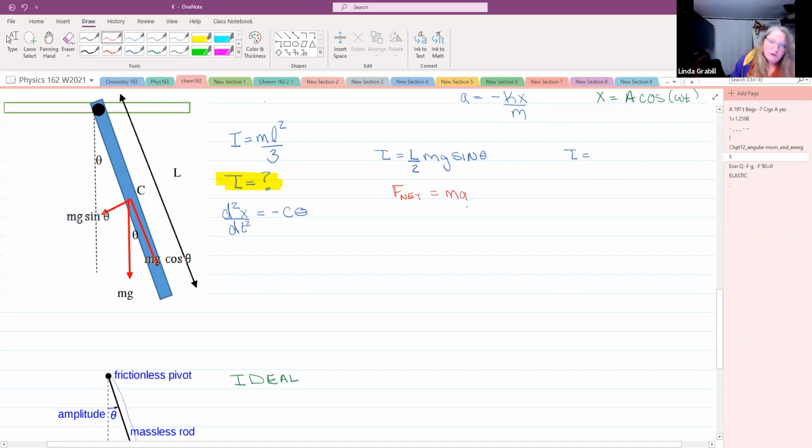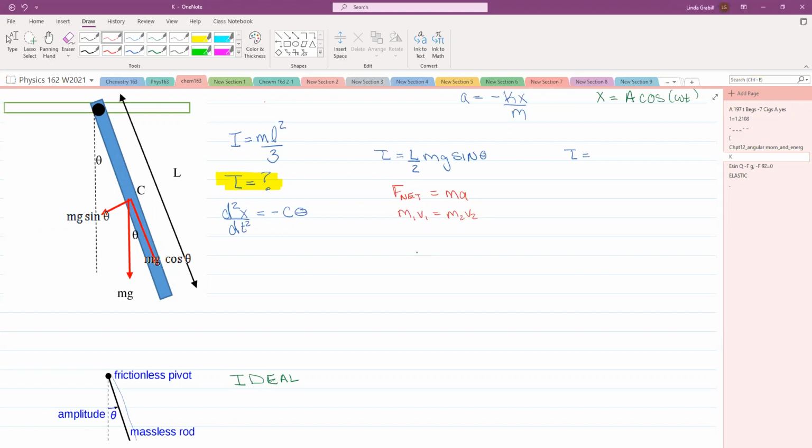So just like I took you in rotational momentum, where we said like M1V1 equals M2V2, or however you want to do that. How do we translate that into rotational momentum, angular momentum? What did M become? I. Yeah, cool.